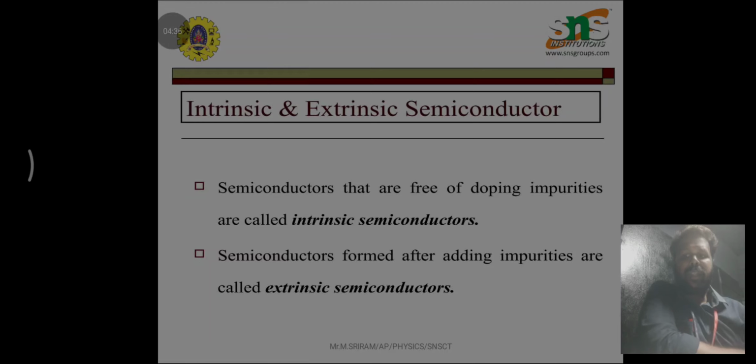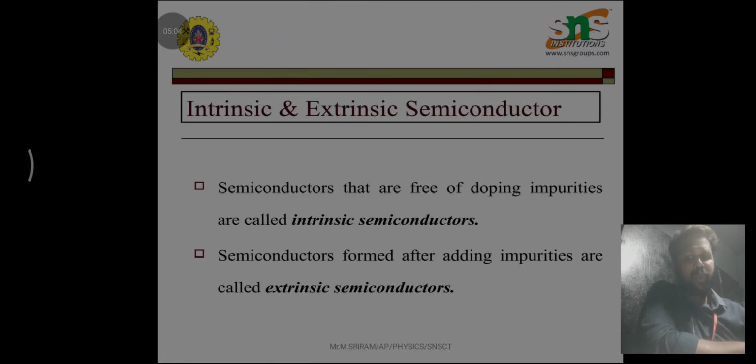We know germanium and silicon are group 4 elements of the periodic table. Germanium has 32 electrons and silicon has 14 electrons in their atomic structure. Semiconductors like germanium and silicon have a crystalline structure. Both are tetravalent, each having 4 valence electrons in the outermost orbit.